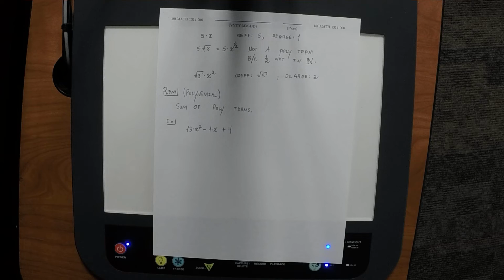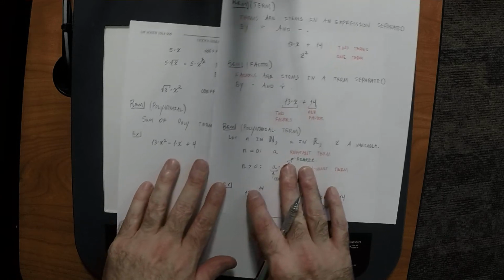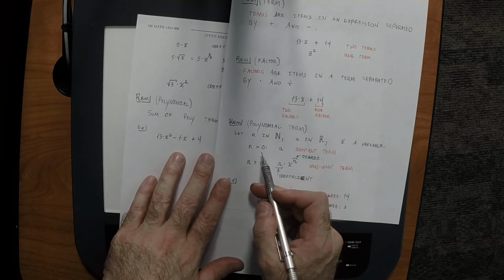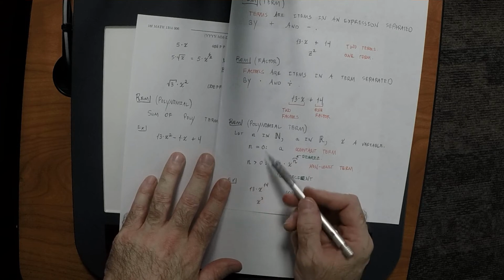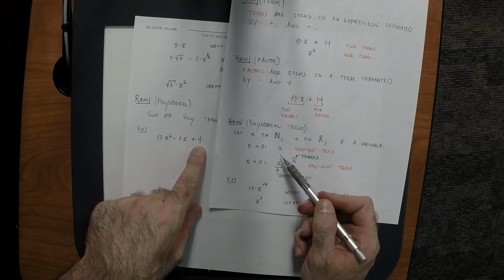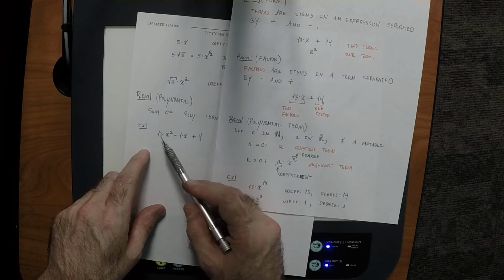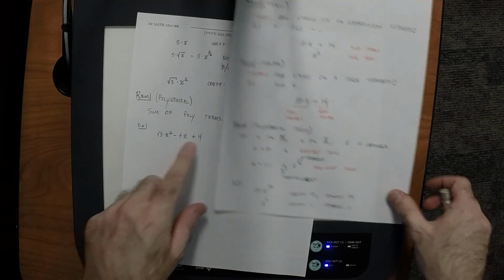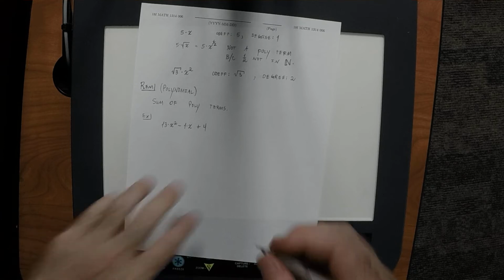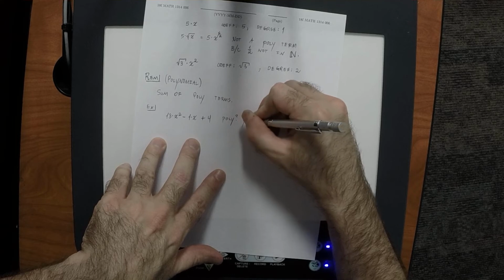Is it the case that each one of them is a polynomial term? Well, that's this part of the definition. There are 2 possibilities, and one of them is this one: a constant is a polynomial term. As for these other ones, they're polynomial terms. As a result, this is a polynomial. The question was, is it a polynomial? And the answer is yes.